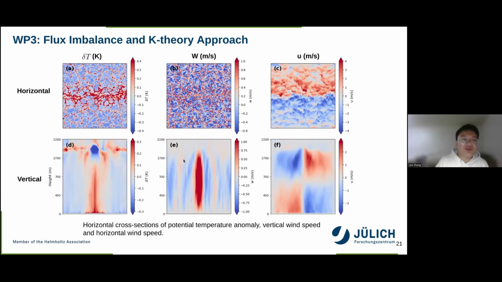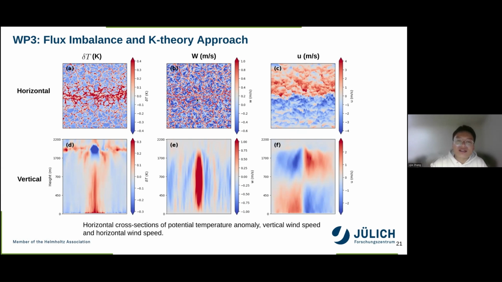This is the result for the flux imbalance. Very clear patterns of the secondary circulations are observed. We have larger air temperature anomalies in the stripes with the higher sensible fluxes and lower anomalies for the lower sensible flux, clear, right?